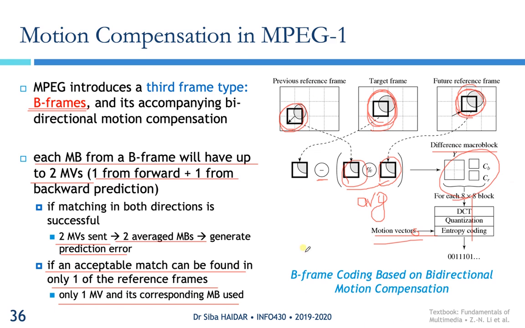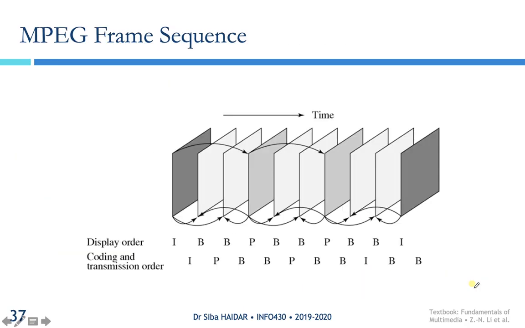Okay, so this figure is the B-frame coding based on bidirectional motion compensation. And the frame sequence is now the following. You have an I frame each time to code independent frames.